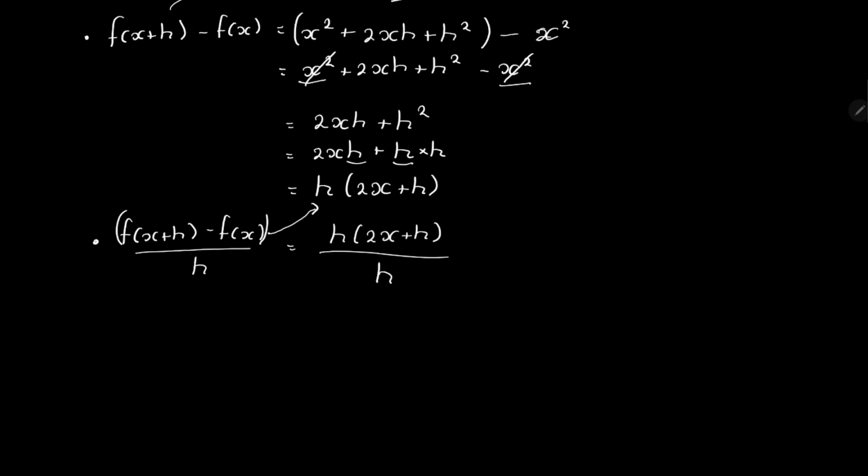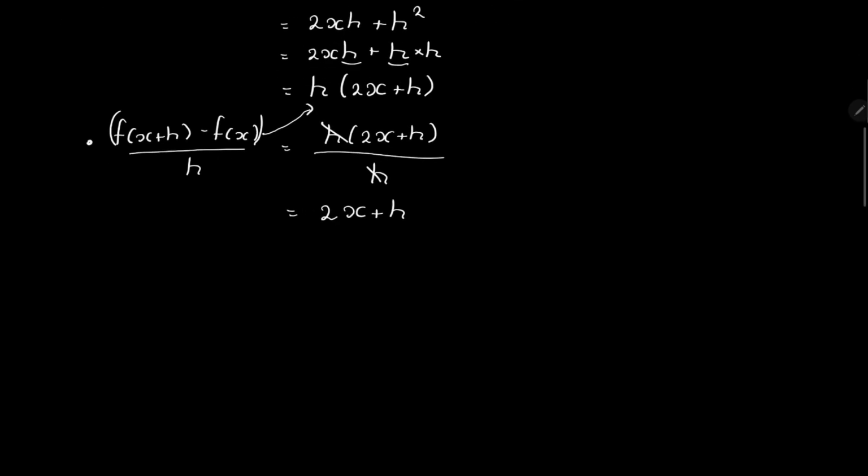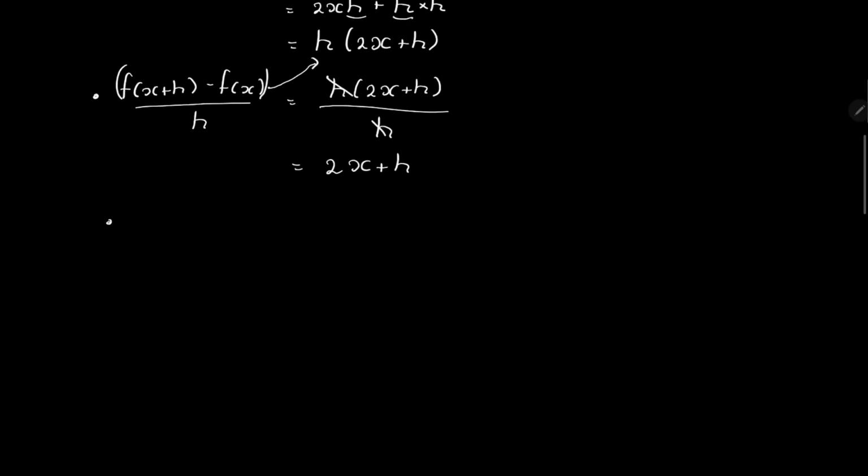So we notice that h is common in the numerator and the denominator, so they cancel out, which gives us 2x plus h. So we have the term f of x plus h minus f of x, all over h, equal to 2x plus h.